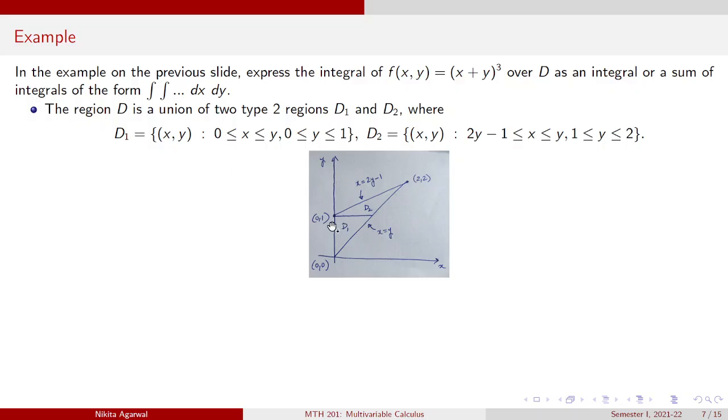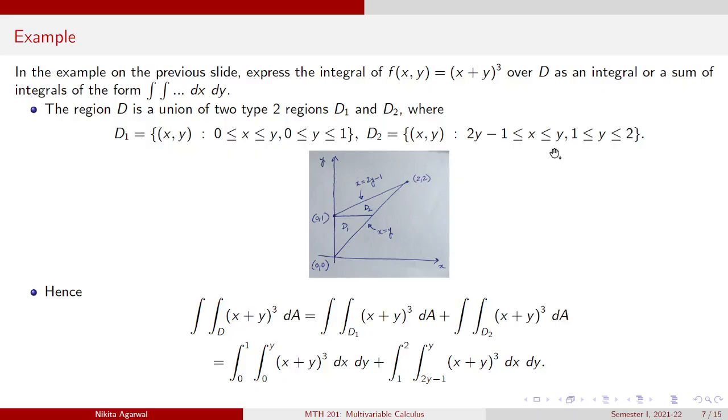If you look at D1, y goes from 0 to 1 and x goes from 0, which is this line, to x equal to y, right? So x goes from 0 to y. Now for D2, y goes from 1 to 2, right? And x goes from this curve to this curve. What is this curve? This is 2y minus 1 and this curve is y, right? And that's what I have written here.